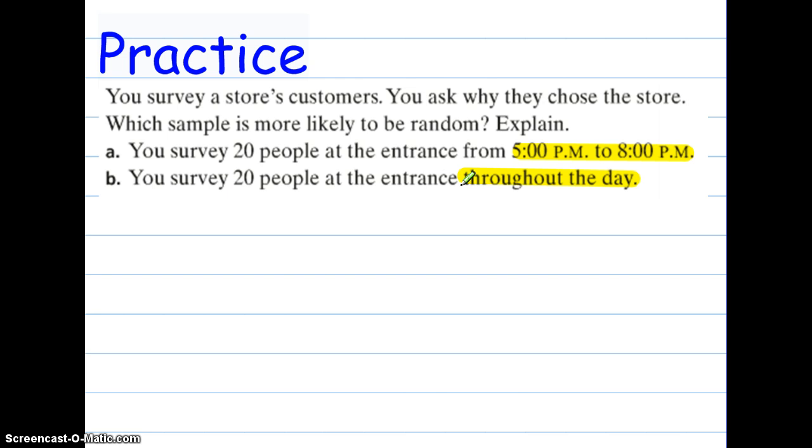That's really not fair. But a fair way of doing it is that surveying at the entrance is fine, but make sure you do it throughout the whole day to get everybody's opinion and not just those people coming home from work. So B would be more of a fair random sample. The A is not as random as you could make it because of the time constraints that they have.